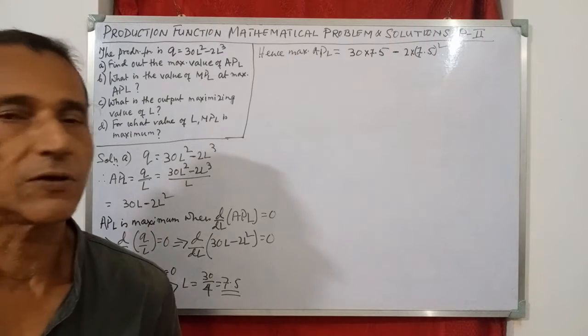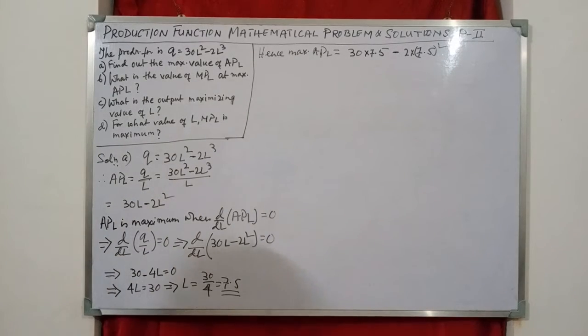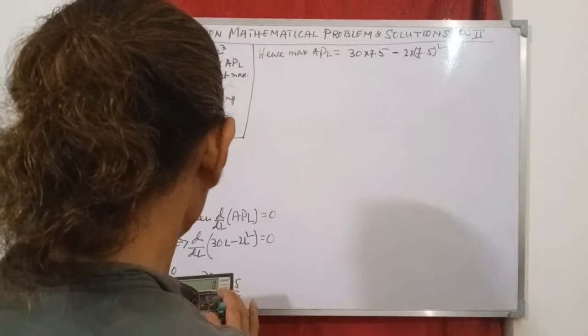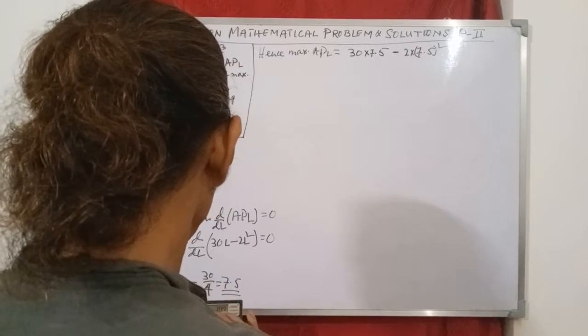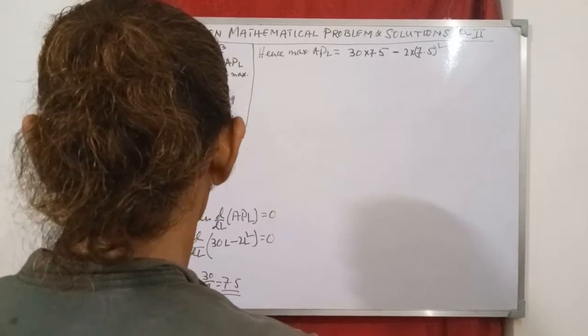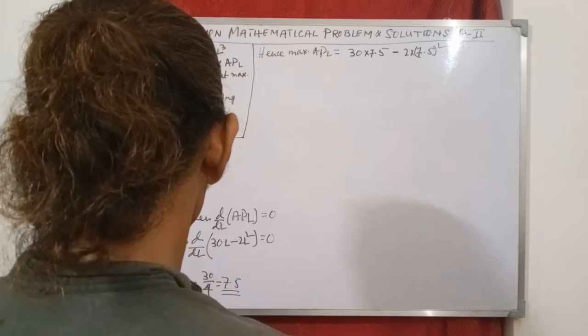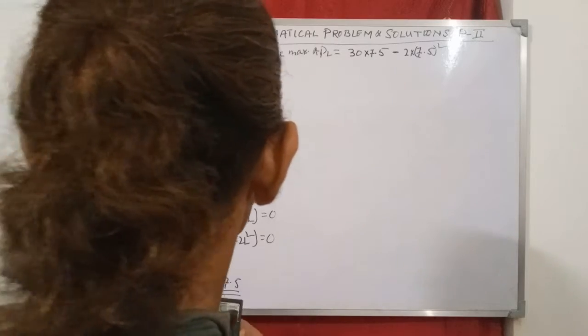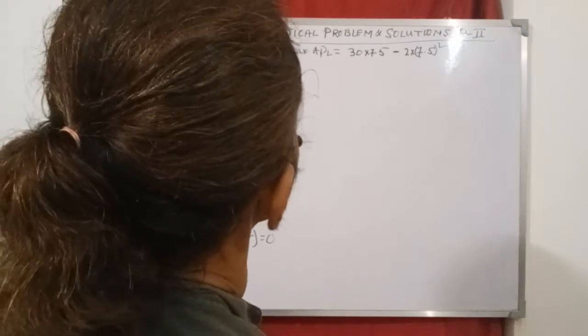Now I have to use a calculator to solve this part of the problem. 30 into 7.5 gives us 225.